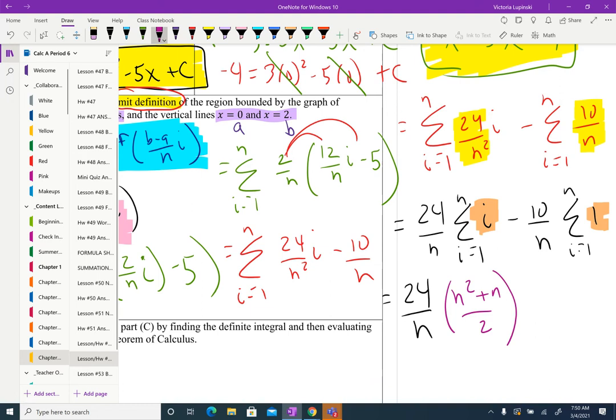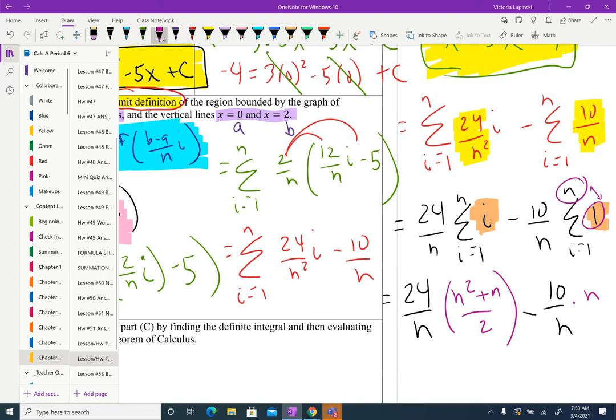And remember, it's really n times (n plus 1), but I would distribute it just to make it a little bit easier. Minus the constant, which is 10 over n. And then to find what this sum is, remember when you're taking the sum of a constant from 1 to n, you just multiply them to get n. So anything in black, that's a constant. Anything in purple, that is a formula.